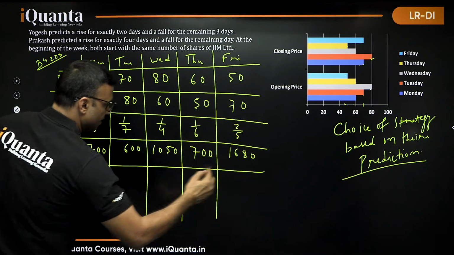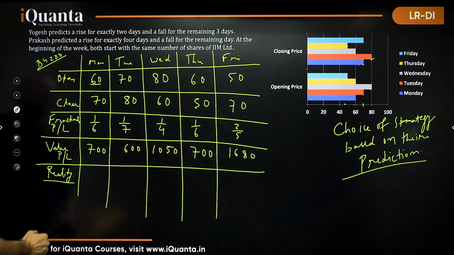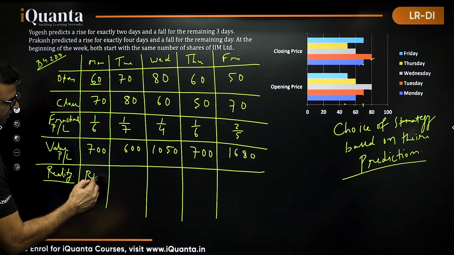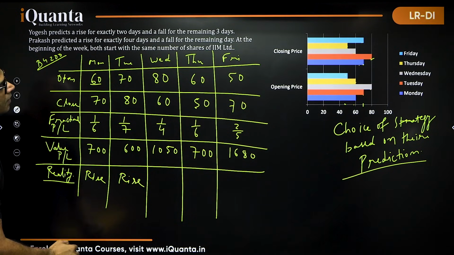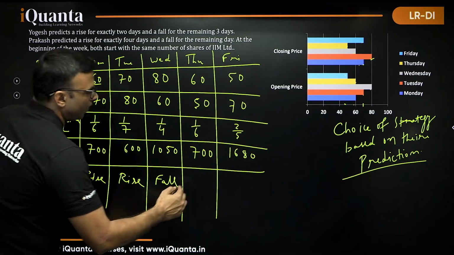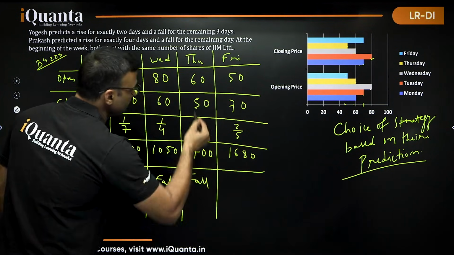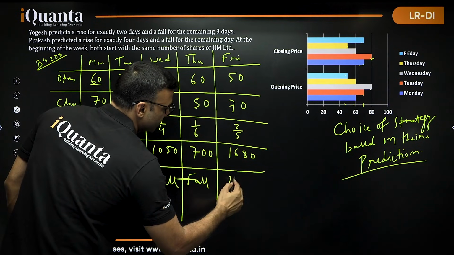In reality, the market has risen on Monday, rise on Tuesday, fall on Wednesday. Very simple, fall on Wednesday. Market has fallen and market has risen on Friday. So, rise on Friday.